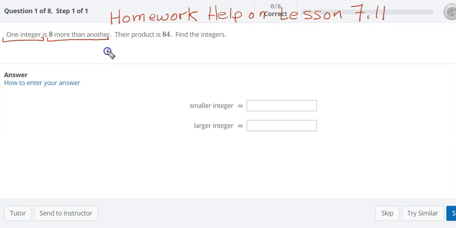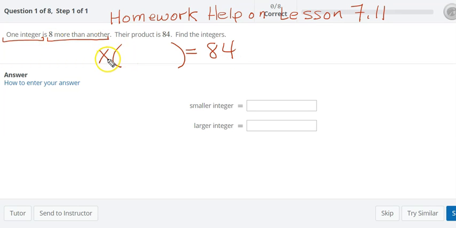So our first integer will be x. Our next integer is 8 more than x, and we're going to multiply them to get a product, multiplying two factors, of 84.